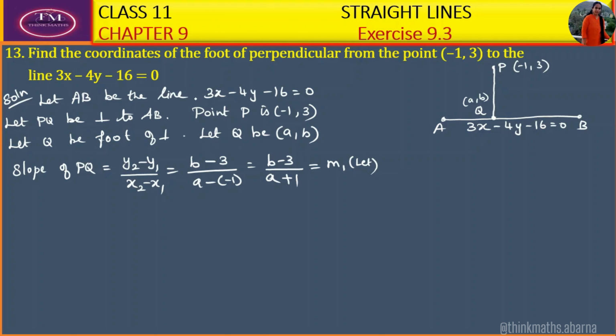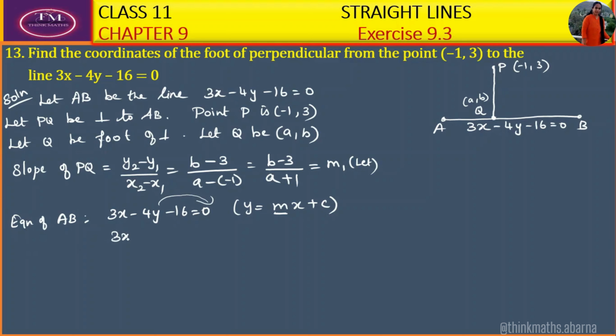Next, there is another line, 3x minus 4y minus 16. So the equation of AB is 3x minus 4y minus 16 equal to 0. From the equation, we can find out the slope using y equal to mx plus c. If we change this equation to this format, we can find out the value of the slope, which is m. Now y is negative, so take this negative to the RHS, it will become positive.